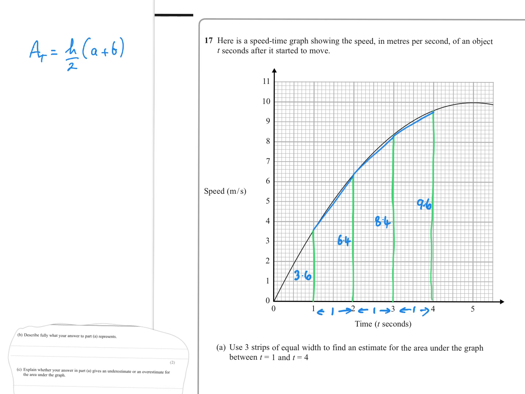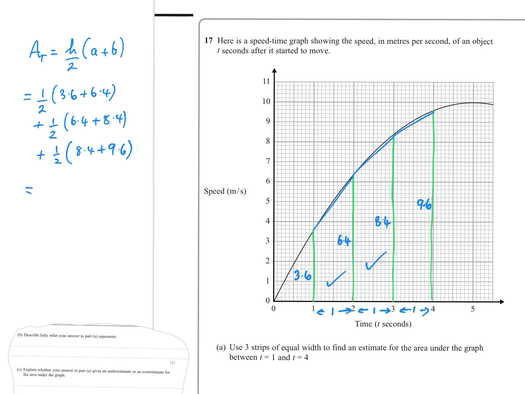Now, the nice thing about this, if we did it all in one go, we could start with the first one and say that's height, which is 1 over 2 lots of 3.6 plus 6.4, plus the next trapezium, which would be height over 2 lots of, well, 6.4 is common. It was shared by the first trapezium and this one we're trying to do next, plus 8.4, plus a half of 8.4 plus 9.6.